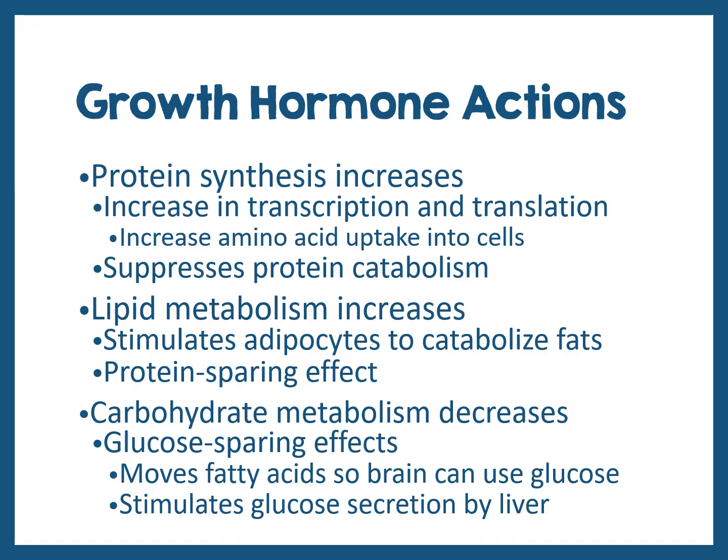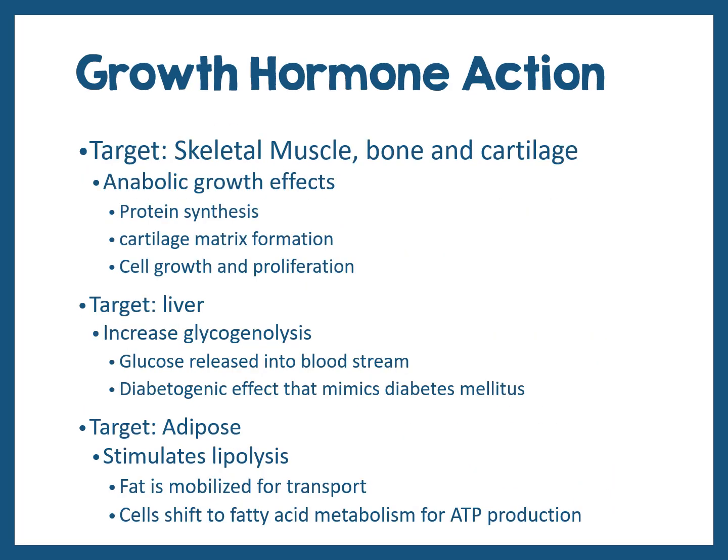This will also stimulate the liver because the liver stores glucose in a form called glycogen. And so we will start to see the liver being stimulated to release some of that glucose that it has stored.